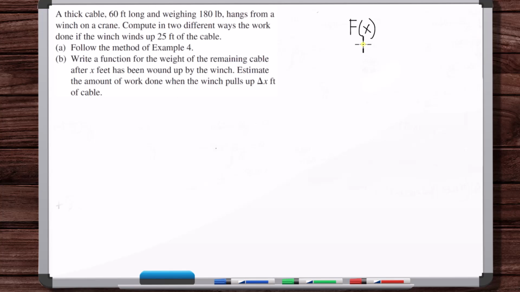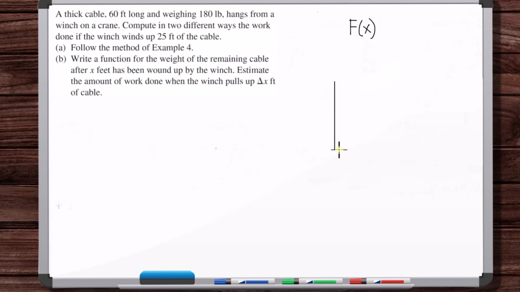Then breaking up the position from A to B into these little displacement pieces, assuming a constant force over each displacement because those pieces are small enough, and adding up the force times the displacements, that's integrating this function here. That's exactly what you're doing.